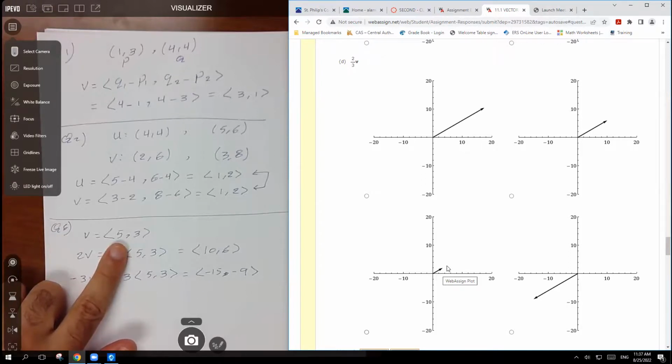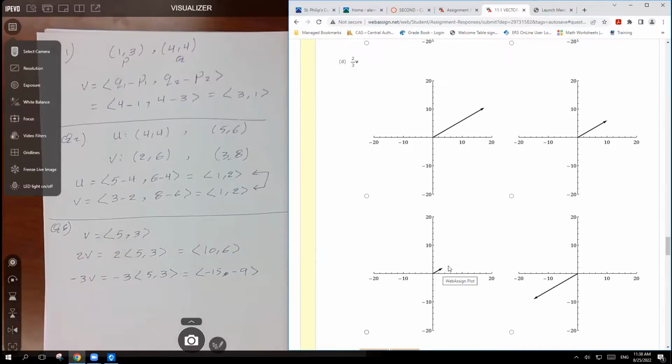So if you multiply by 2/3, is it going to stretch or shrink? Go ahead, use the paper. Okay, stretch or shrink?